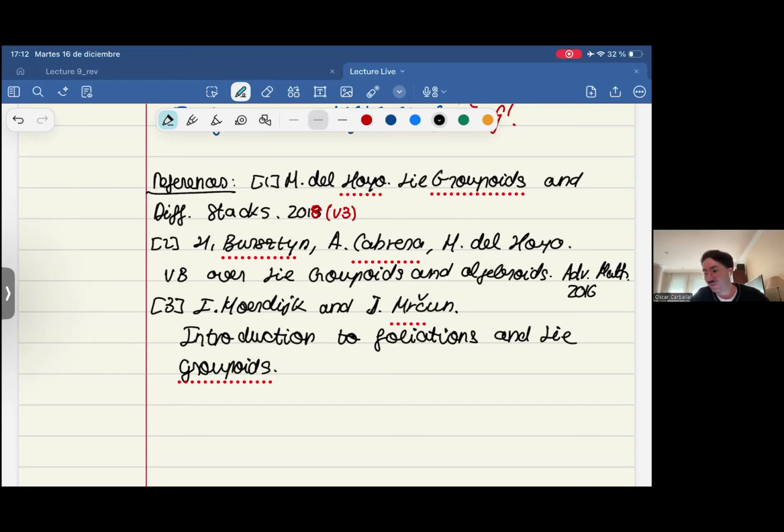I know that there are some people working on those things, like on shifted structures and so on, but I have not seen yet an application of differentiable stacks to mechanics. I see. And I am also, as you probably know, very interested in that. Of course. In the case of reduction, I also don't know for differentiable stacks, but there is also a notion of diffeology.